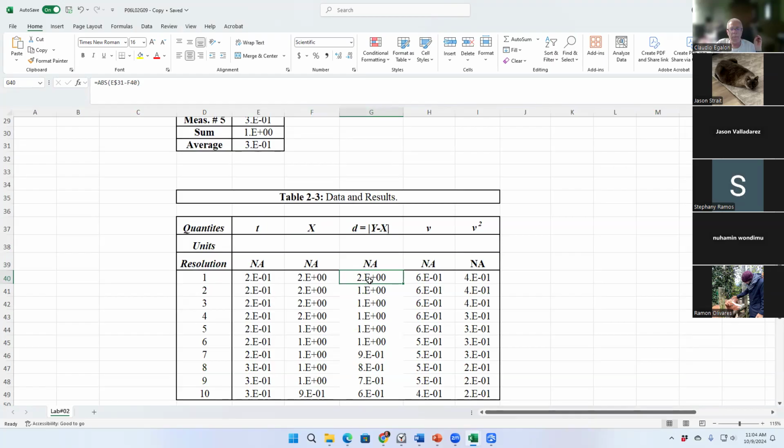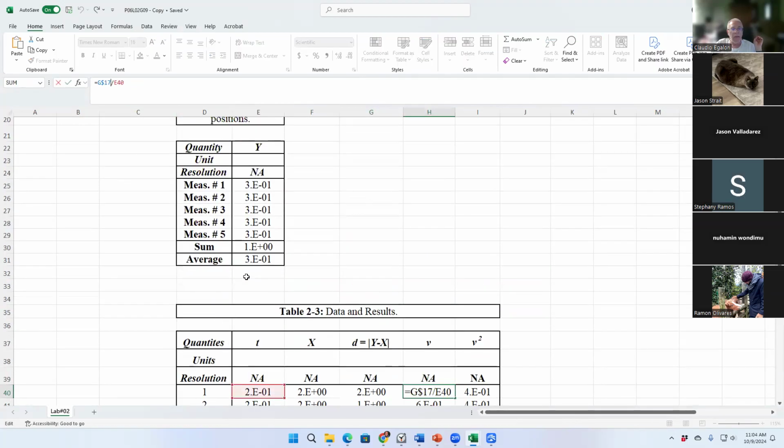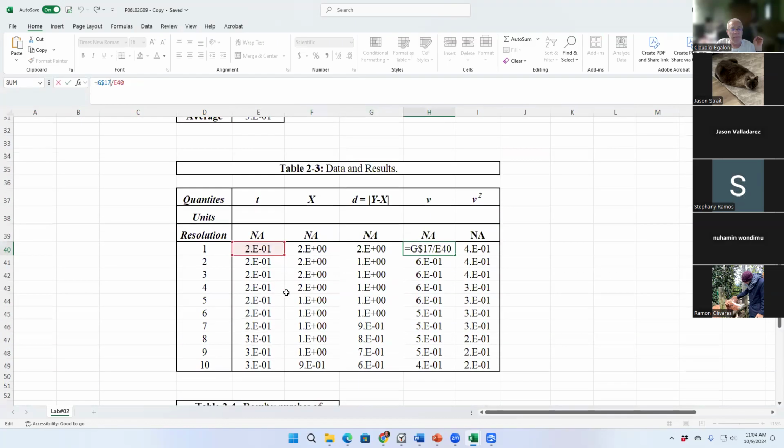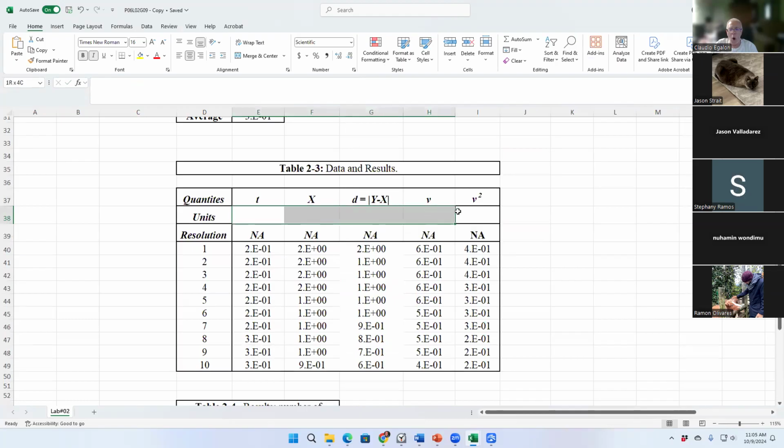Okay? The velocity of the cart is going to be the length of the cart divided by the time measured by the photo gate. And then we are going to need the square of the velocity as well. Don't forget to fill in all the units right here.